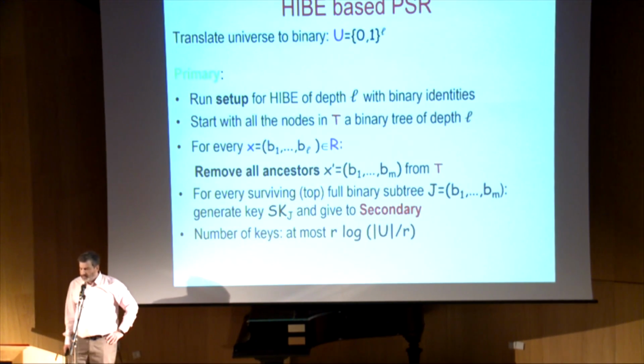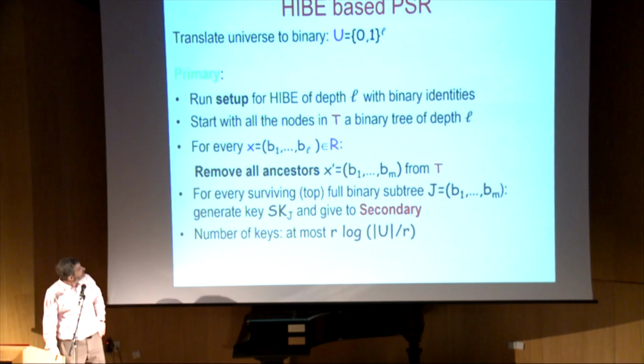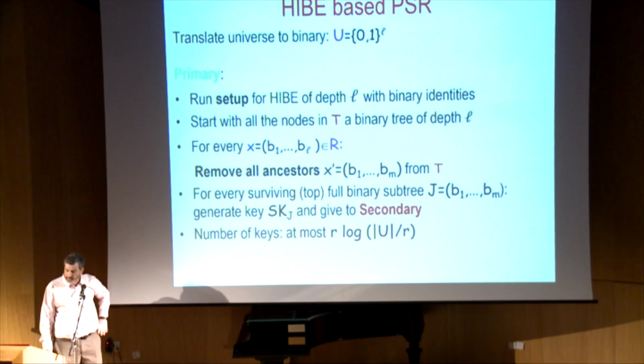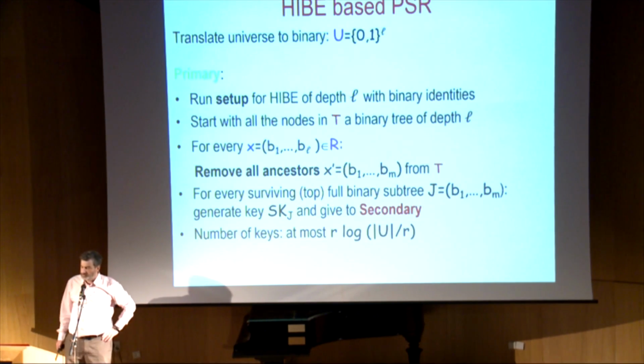Now, for every X in R, you remove all the ancestors of X from the tree T. You start with a full tree, and you remove all the ancestors from T for every node in R. For every surviving full binary subtree, you generate the key SK_J and give it to the secondary. The number of keys, as we'll see, is something like R log U over R.